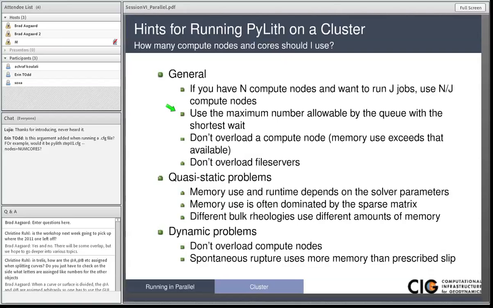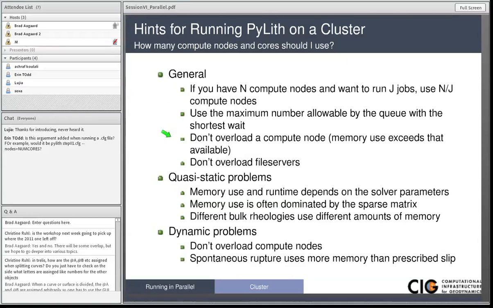So if your job is only going to take 2 hours and there's a much shorter wait for the queue on which it'll fit, use that queue and only use 64 cores rather than waiting longer to use a queue that takes 128. So you can play the game of where the shortest wait is to maximize your scientific throughput, to get results in the least amount of time.